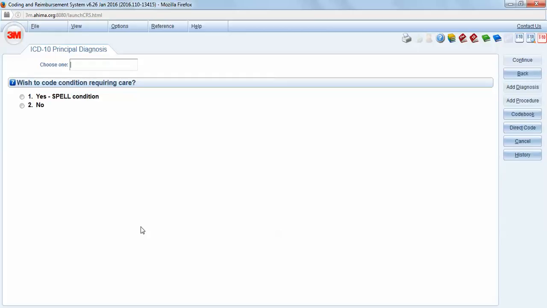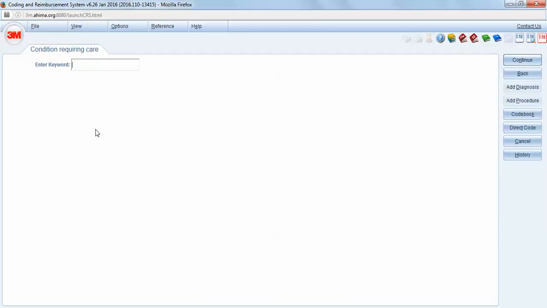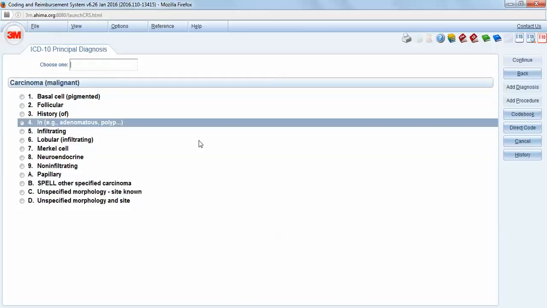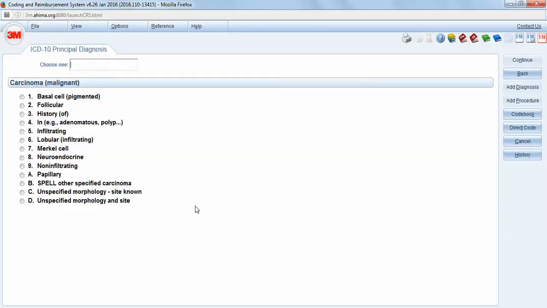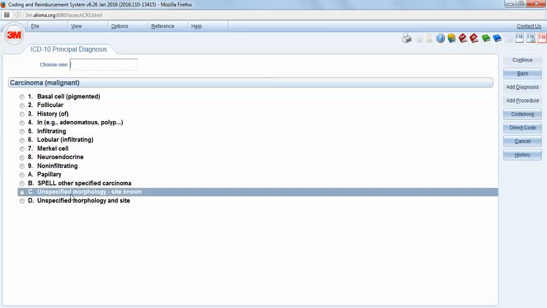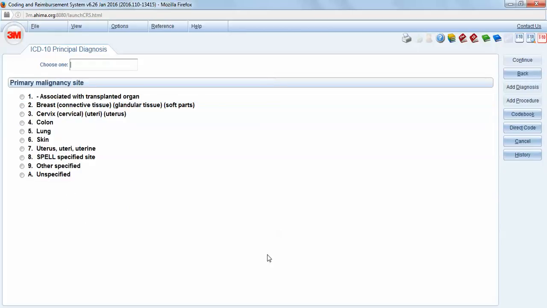Do we want to code the condition that's requiring that care? Sure, why not? Let's go ahead and do it. So we're going to say carcinoma. We're going to say malignant. We're going to say that it is unspecified morphology, site known. Okay, we'll just pick that. We're going to say that it's primary.